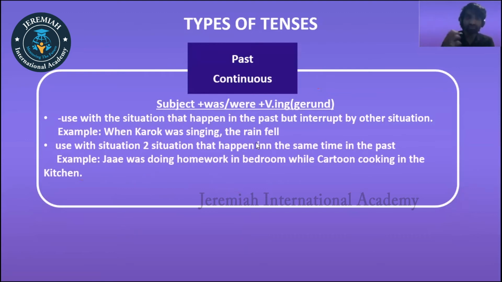All right, so use it with a situation that happened in the past but was interrupted by another situation. All right, so subject plus was or were plus verb-ing, the ing form. Okay, gerund, just ignore that. All right, so it comes like: when Karaoke was singing, the rain fell.